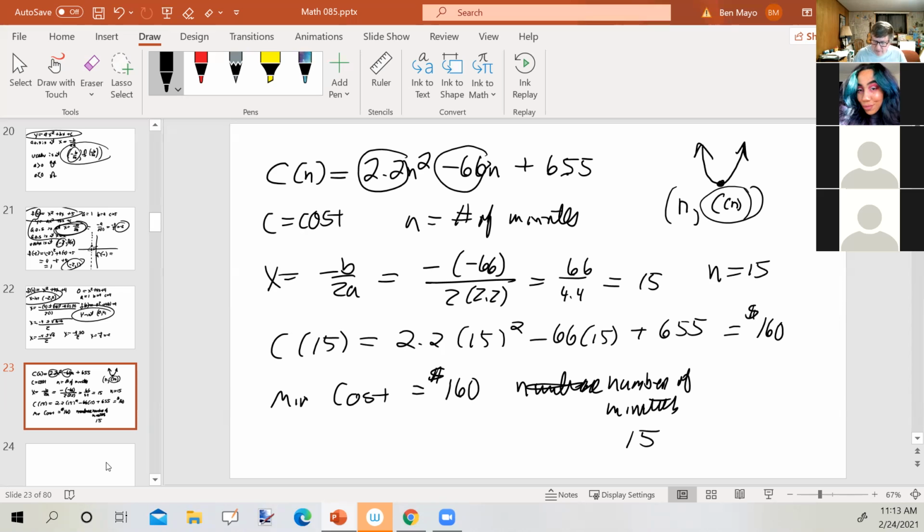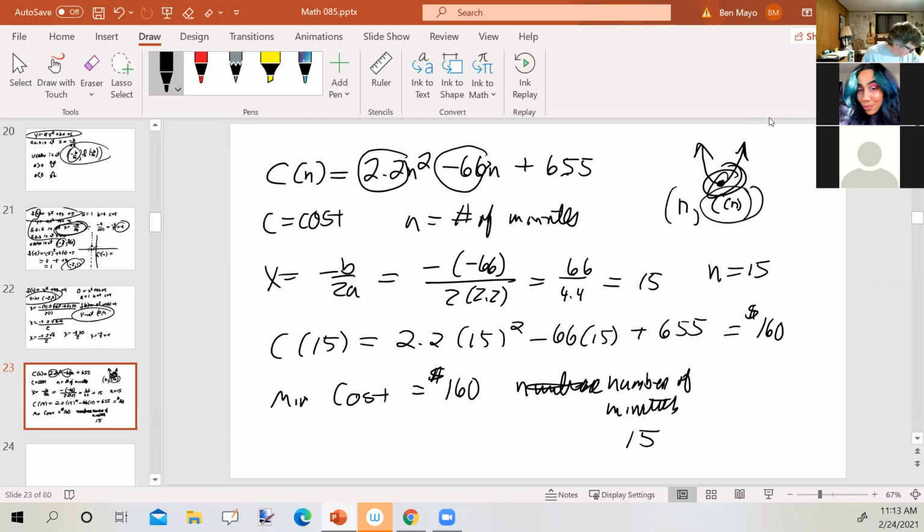So my answer went back to the vertex because it asked me for the minimum cost and the minimum time. I was looking at a vertex that was at the bottom. If it had asked me for a maximum, I would have been in trouble if the parabola opens upward. Okay, I don't know if that's making any sense.